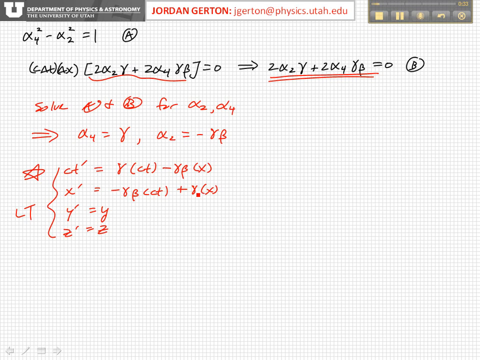Okay, so this symmetry is actually even more apparent when we write the Lorentz transform equations in matrix form.